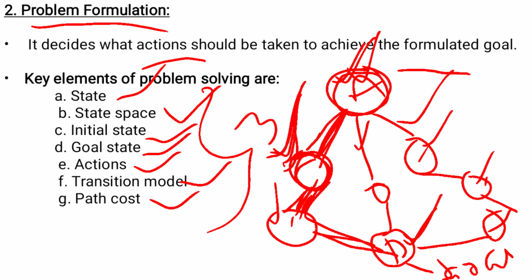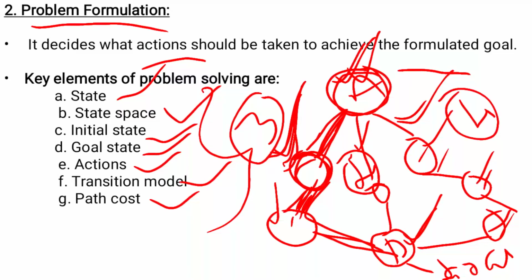Next take the second alternative, how many steps are required? 1, 2, within 2 steps we can reach the goal. And another one, how many? 1, 2, 3, 4, there are 4 steps required to reach the goal. So this value we call the path cost. 3, 2, 4, the number of steps required to reach a goal, that is the path cost.